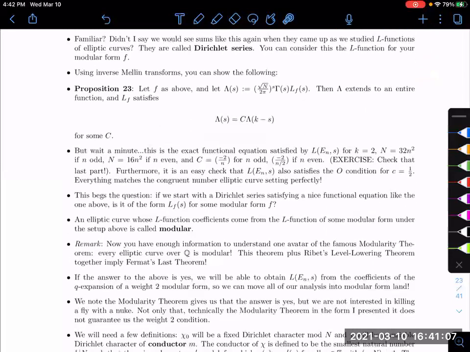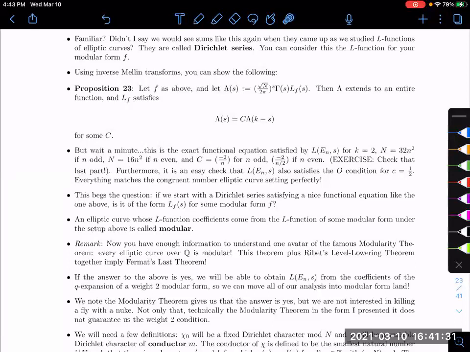And well, an elliptic curve whose L function, for example, has coefficients coming from the L function of some modular form under the setup we just described is called a modular elliptic curve. And now we can finally understand one avatar of the famous modularity theorem for elliptic curves that I've been teasing for several weeks now.